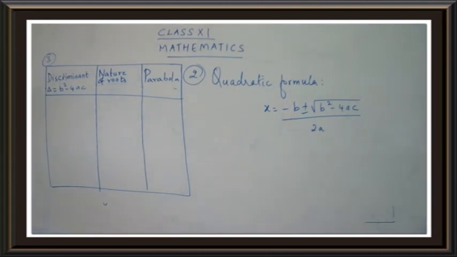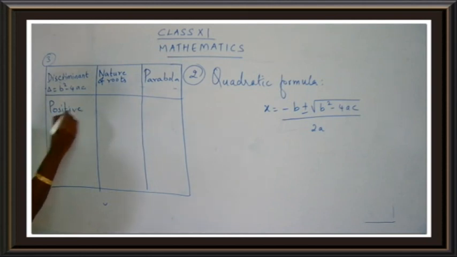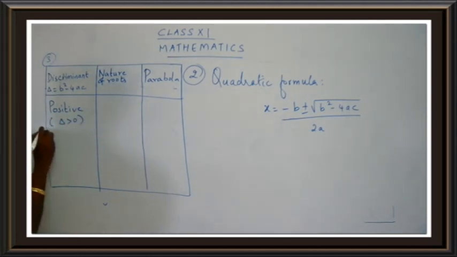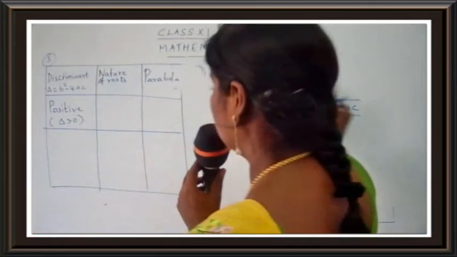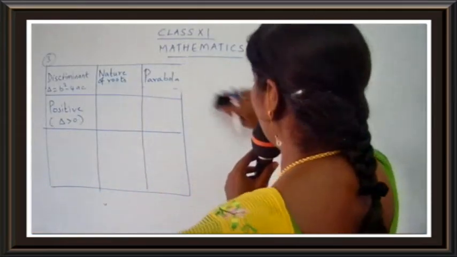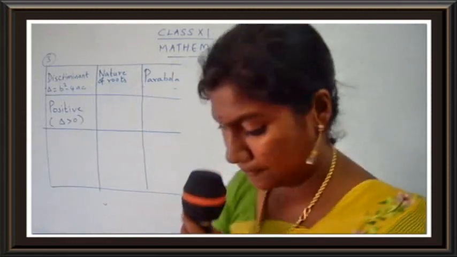Okay, let's write the point. First one is positive. That means delta is positive. If you get a positive answer, like an answer greater than 0, like 1, 2, then how is the nature of roots?